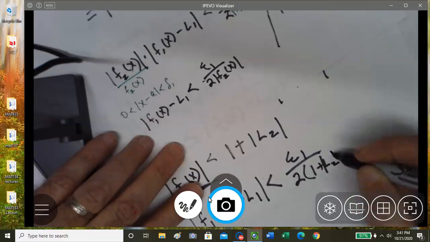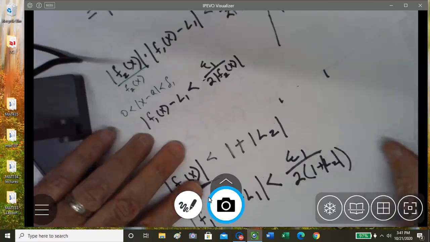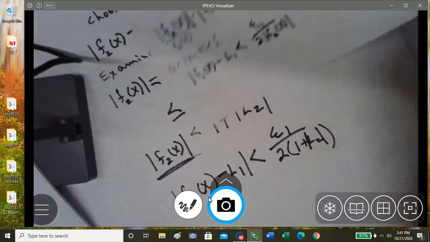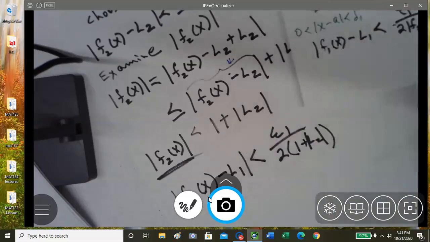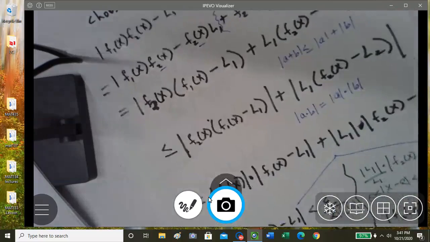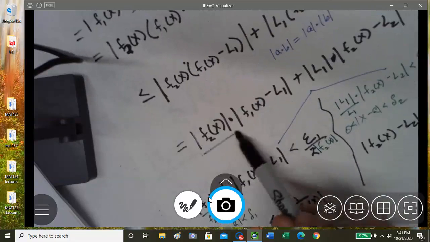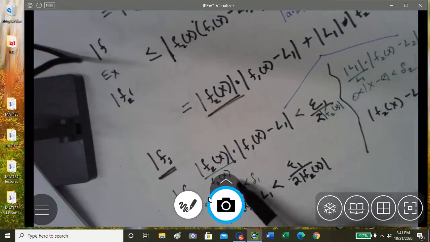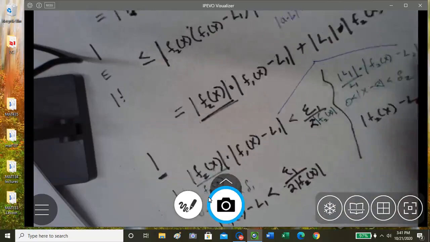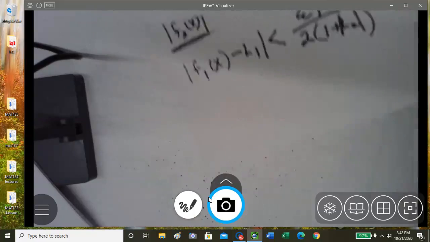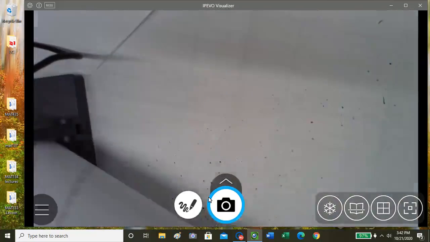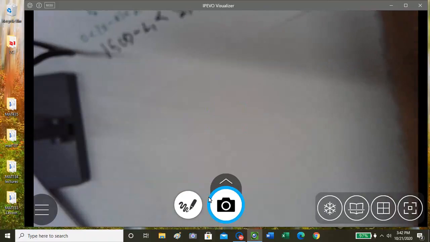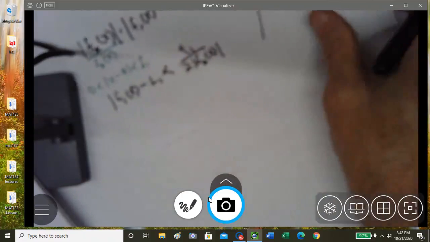So for f(x), we can substitute that back here as well. Let me get another sheet. So this is what we had when we split it.